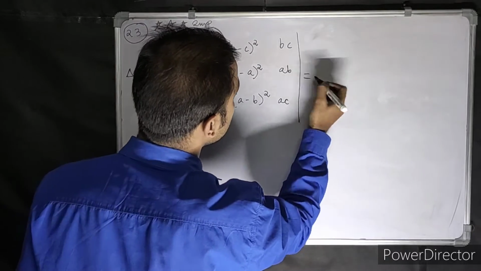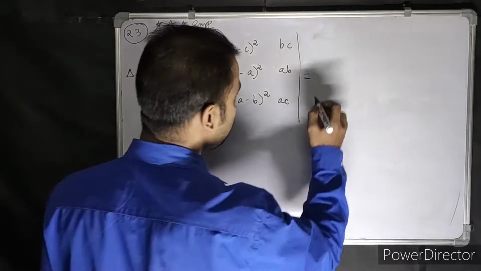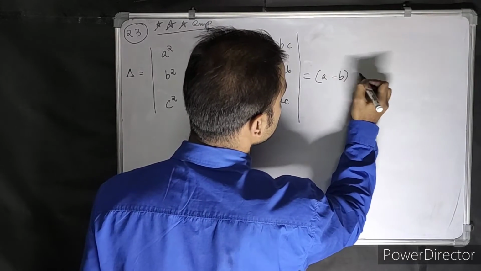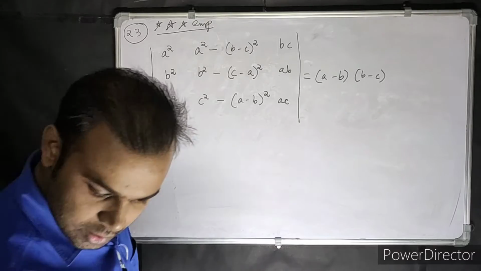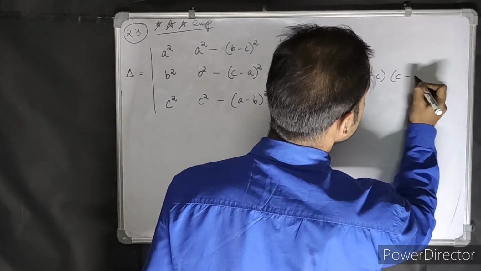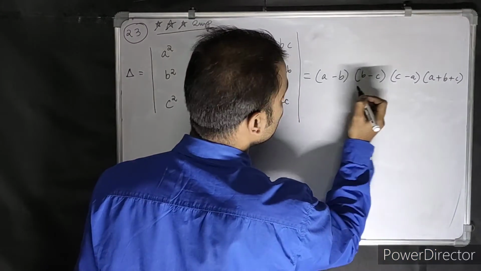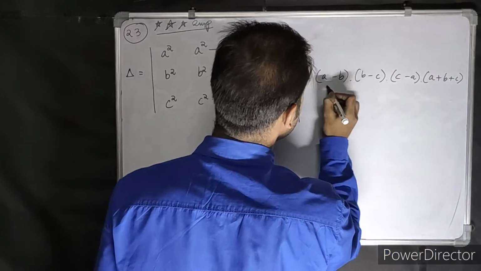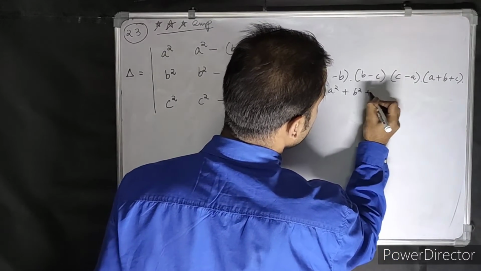This whole determinant has to be proved equal to (a minus b)(b minus c)(c minus a)(a plus b plus c) into (a square plus b square plus c square).